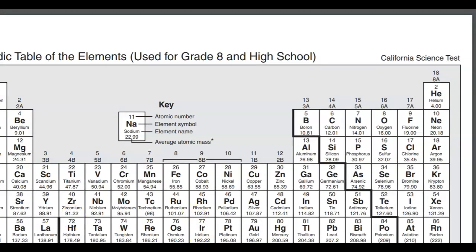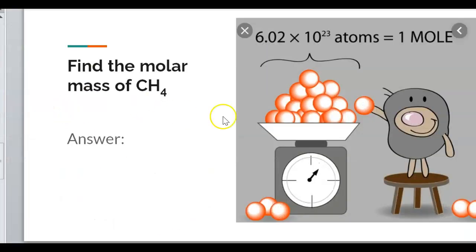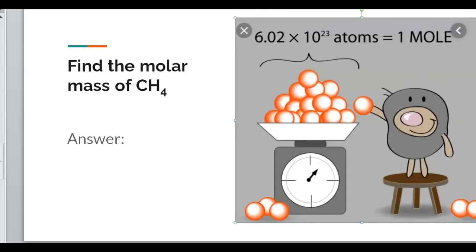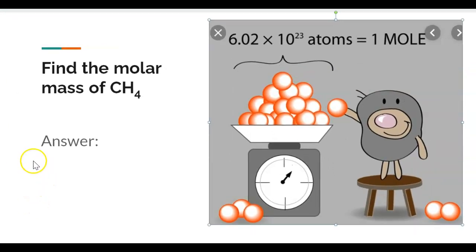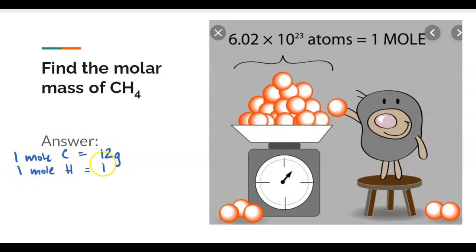So, returning back to my problem screen, let me go ahead and change that. I used my periodic table and recognized that 1 mole of carbon has a mass of 12 grams and 1 mole of hydrogen has a mass of 1.01 gram.